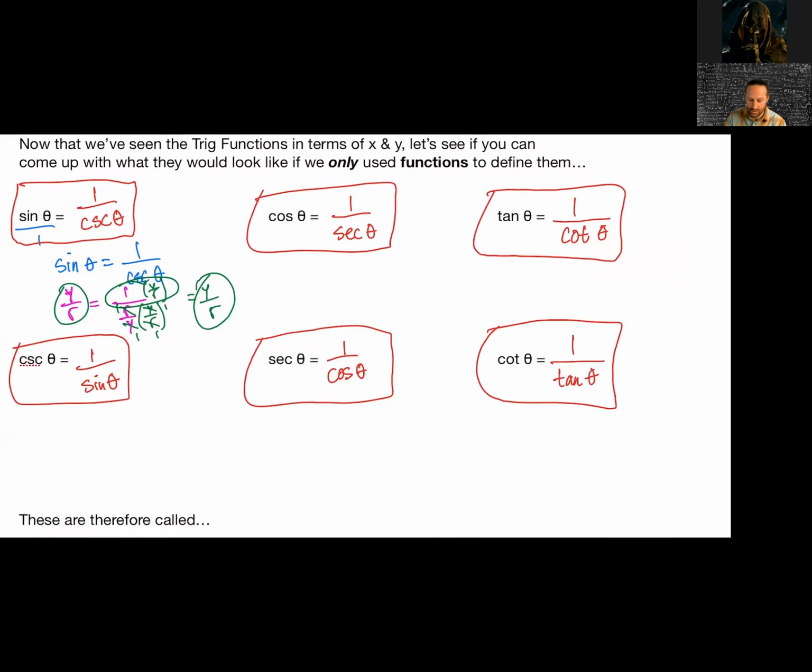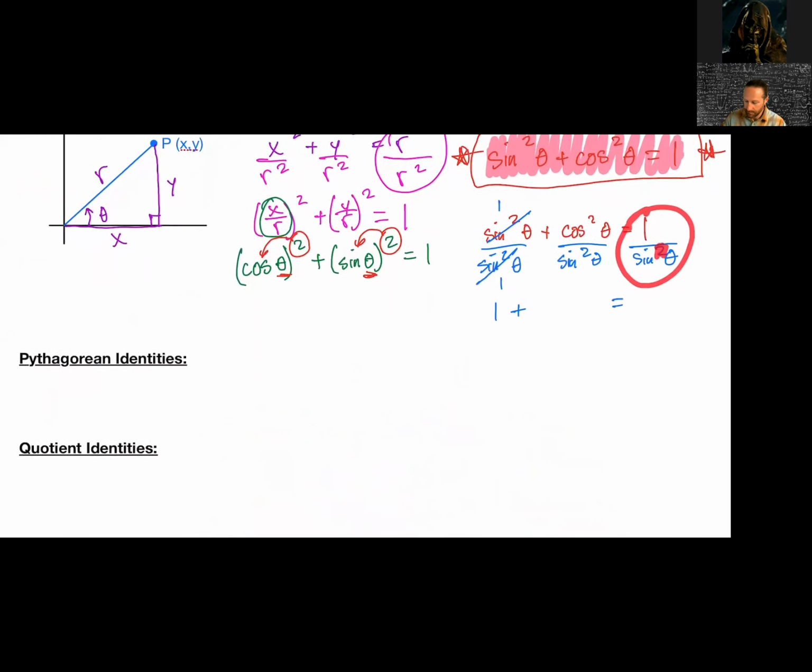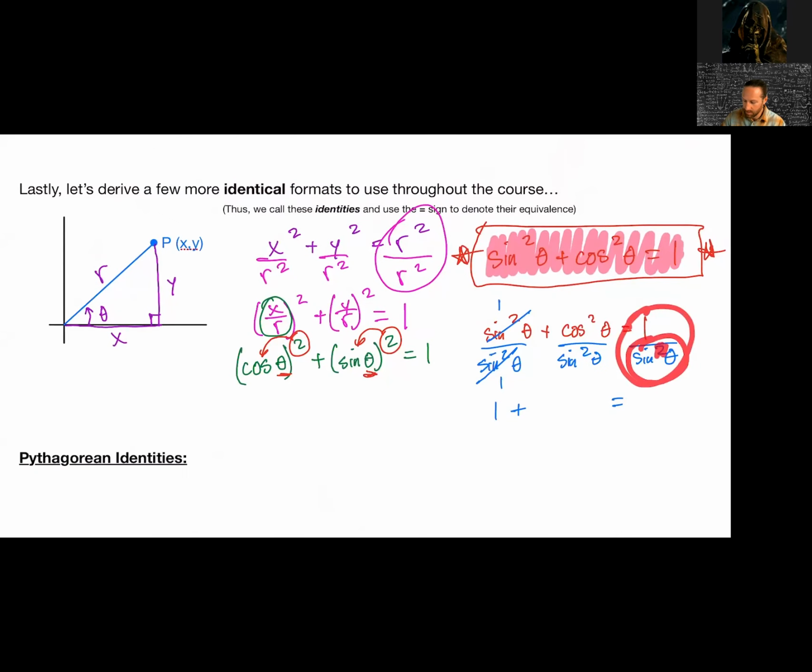That's the one I actually derived for you. Okay. And because it's squared, that means we have 1 over sine times another 1 over sine, which means we're just going to have cosecant squared.